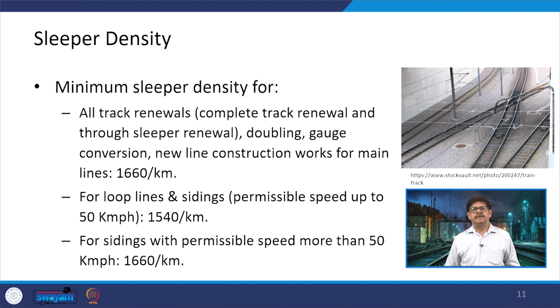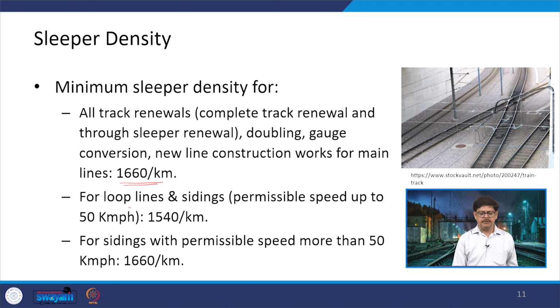Now, the minimum sleeper density is also defined in the case of all track renewals where the complete track is being renewed, through sleeper renewals, doubling, gauge conversion, or new line construction. In all of these cases, the sleeper density to be considered is 1660 sleepers per kilometer.